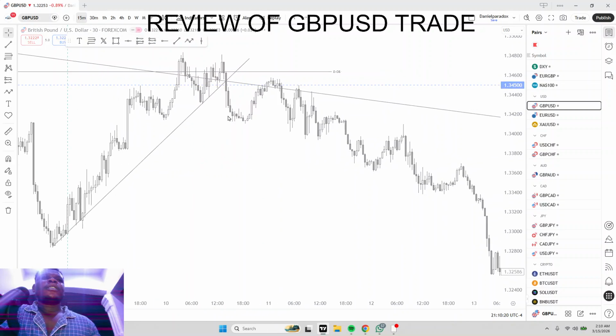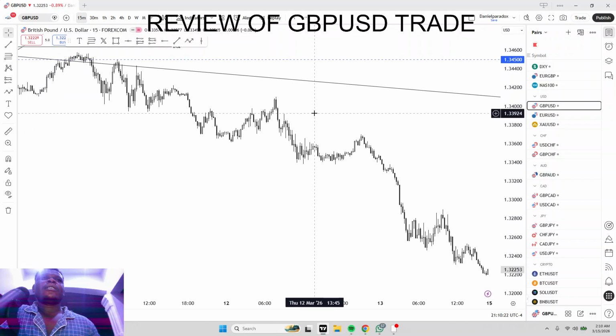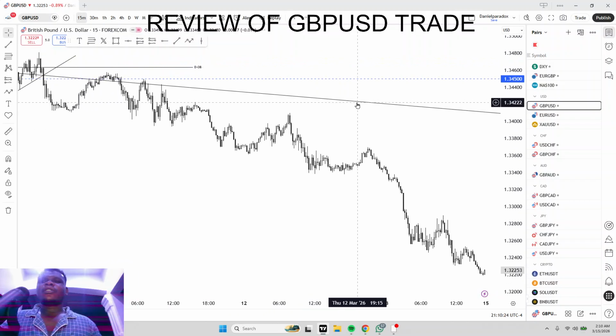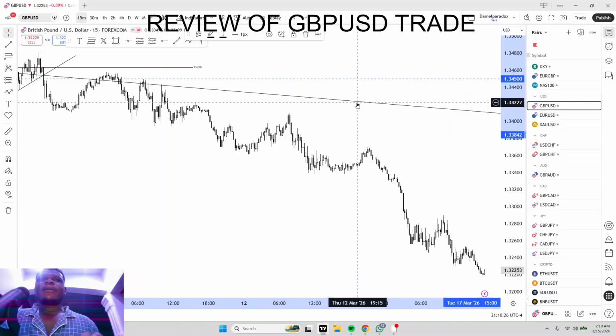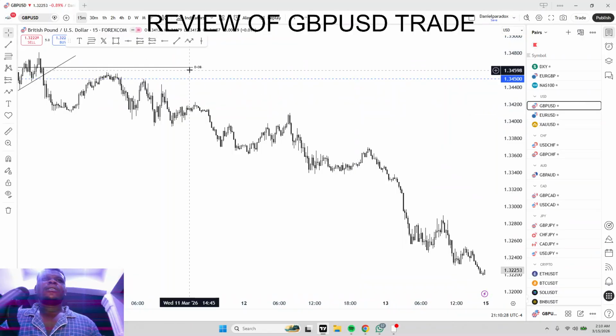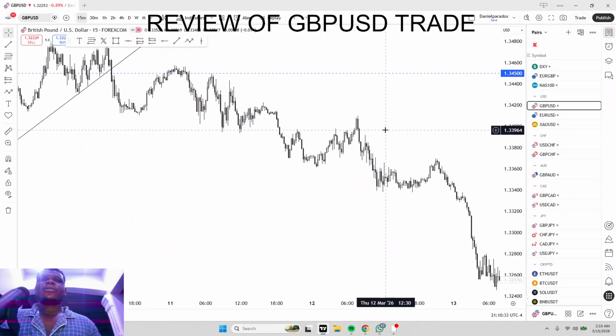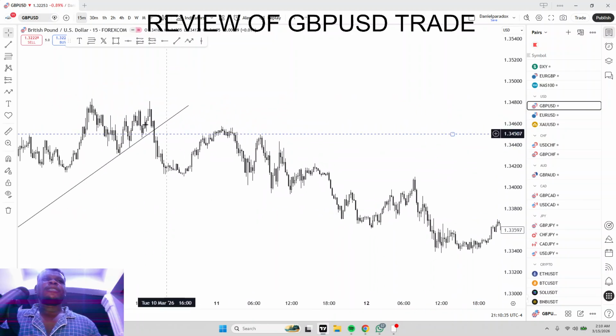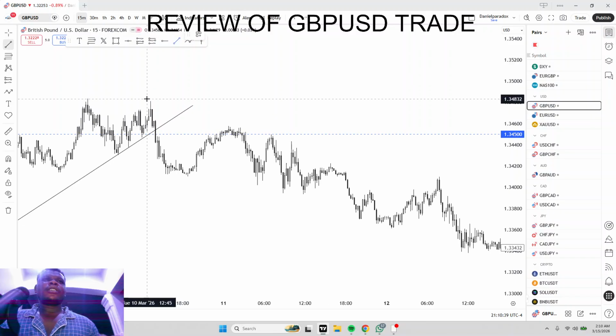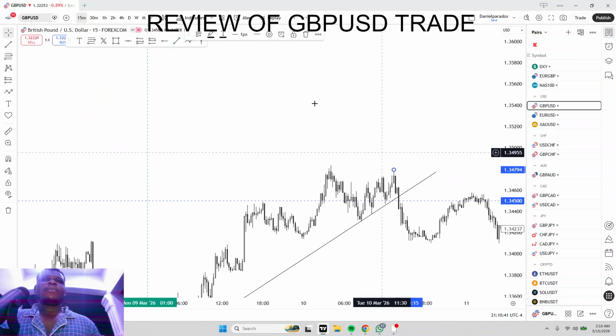Go to 15 minutes. I think I'll have to delete all this so that it won't create confusion. Don't forget, this is our higher time frame trend line. So this is the beginning of a new trend, and I plotted.